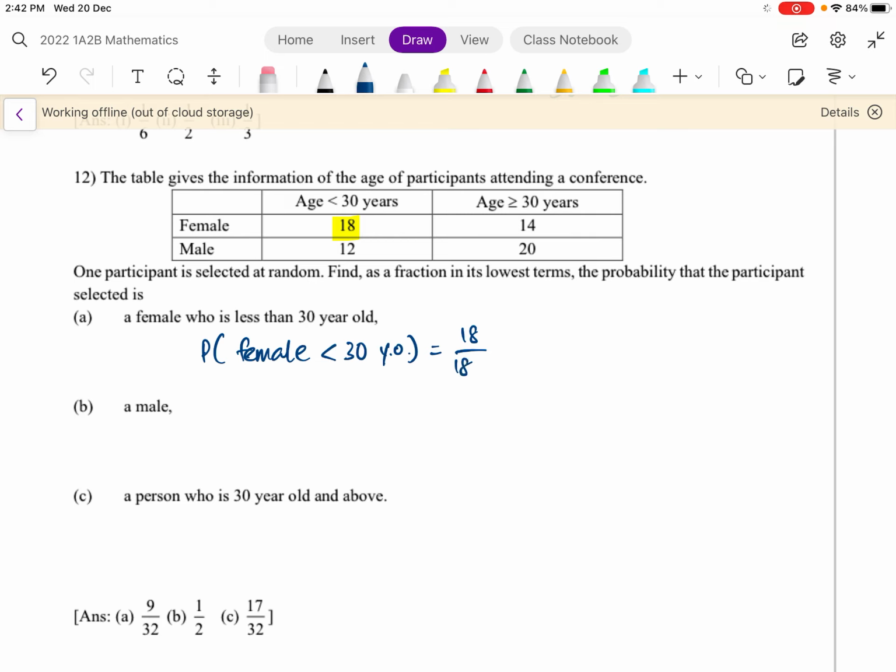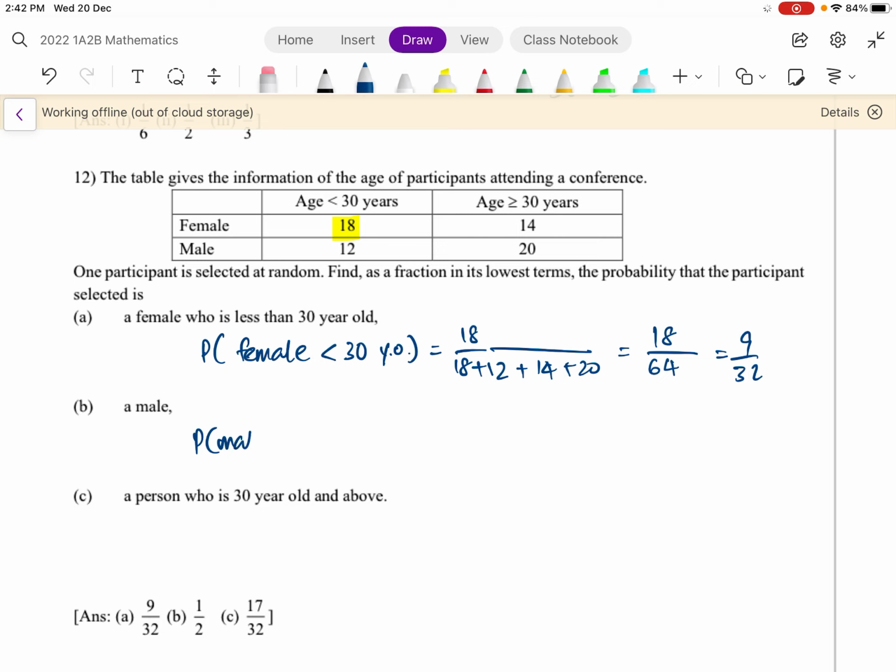We've got 18 plus 12 plus 14 plus 20. So that gives us 18 out of a total of 36 plus 30, 66, no, 64. 18 out of 64, we get 9 over 32.